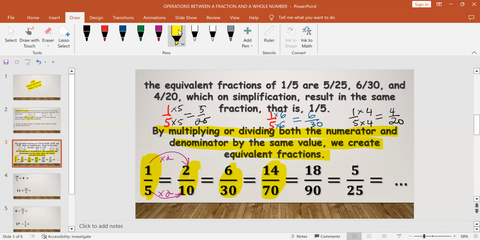Or from 2 over 10, if we multiply 2 by 7 and 10 by 7, we get 14 over 70. If we continue, we have 18 over 90 as another equivalent fraction, 5 over 25, and so on.